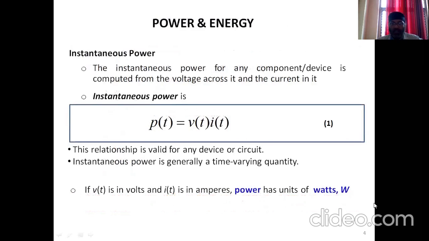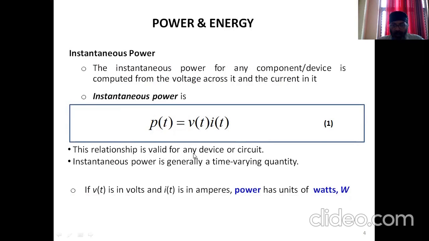So now, what is instantaneous power? We already know that instantaneous power in any component is computed by using the voltage across it and the current in it. So this instantaneous power, denoted by p(t), means power is a function of time, equal to voltage, again a function of time, multiplied by current, again a function of time.